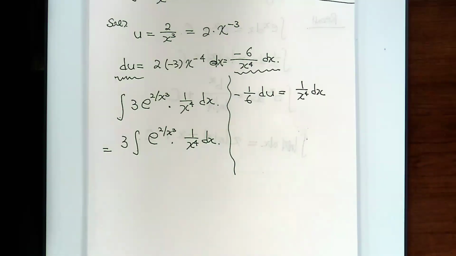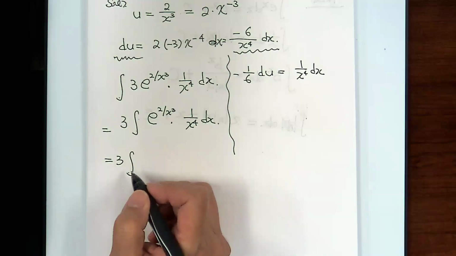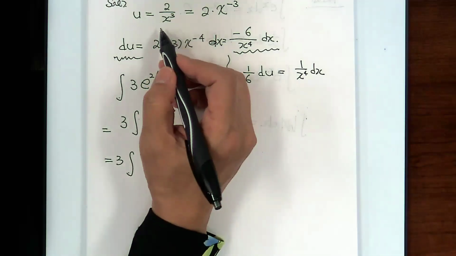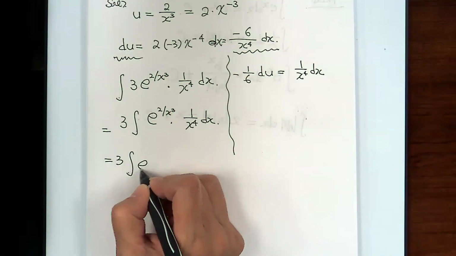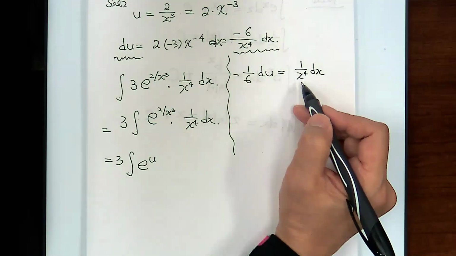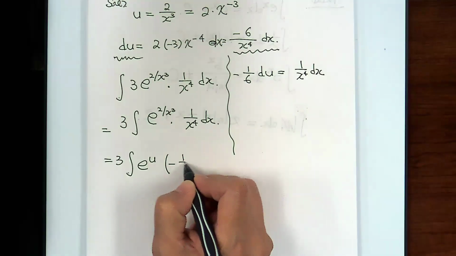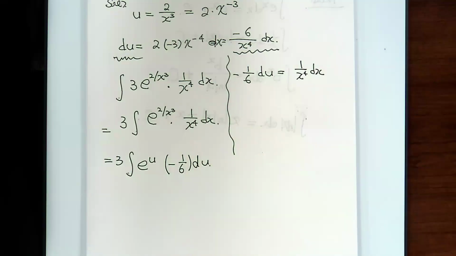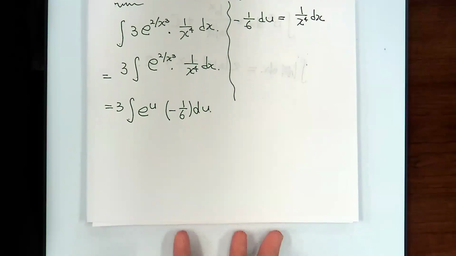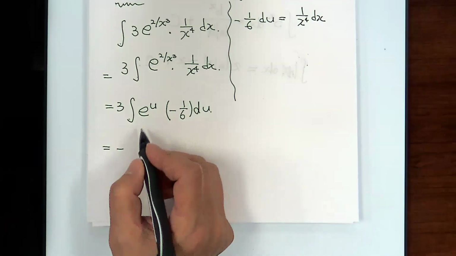Let's change the variable. 3 times integration, 2 over x cubed equals u. So it'll be e to the u, and 1 over x to the 4th power dx is minus 1 over 6 du. We have a number again, so we will write it in front of the integration.